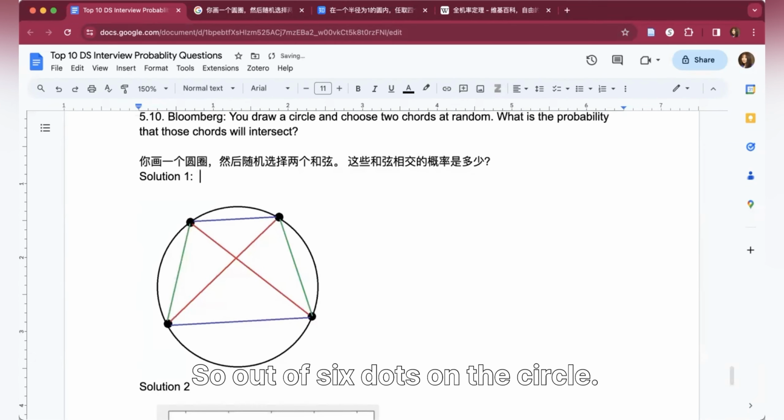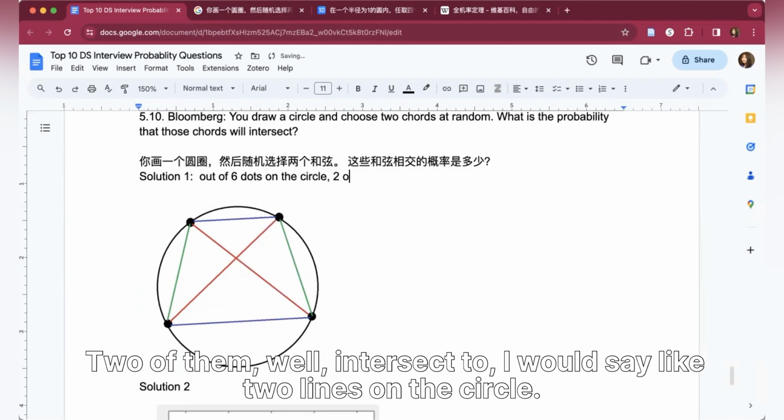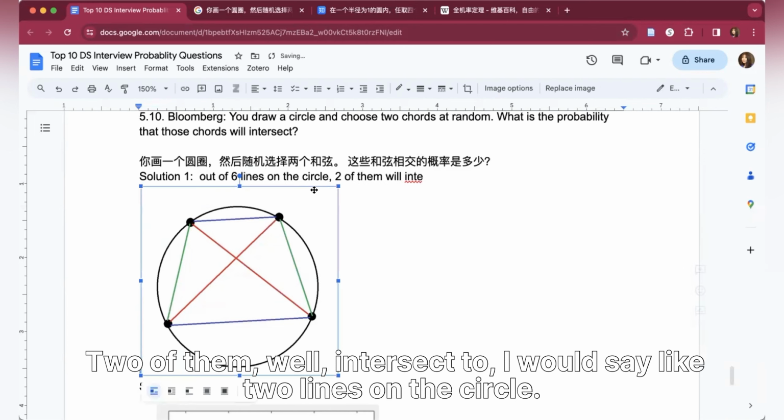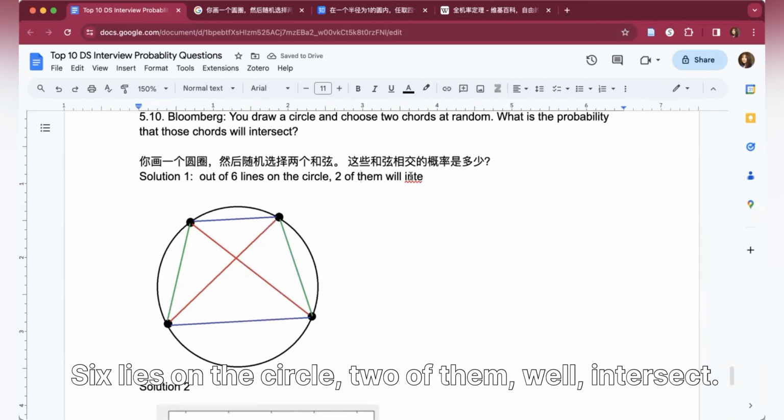So out of 6 lines on the circle, 2 of them will intersect.